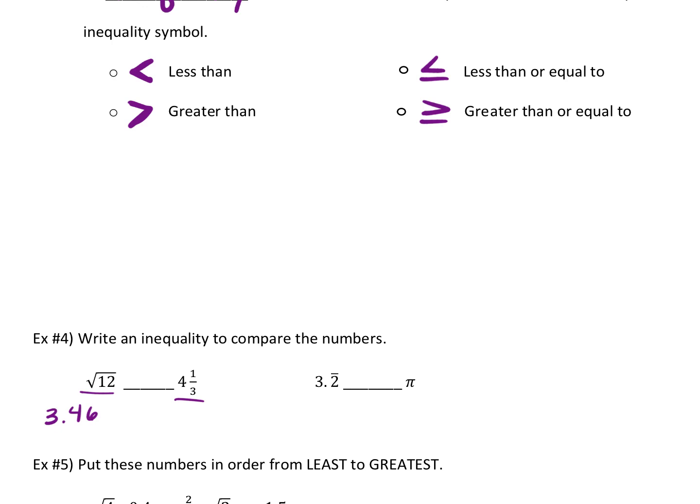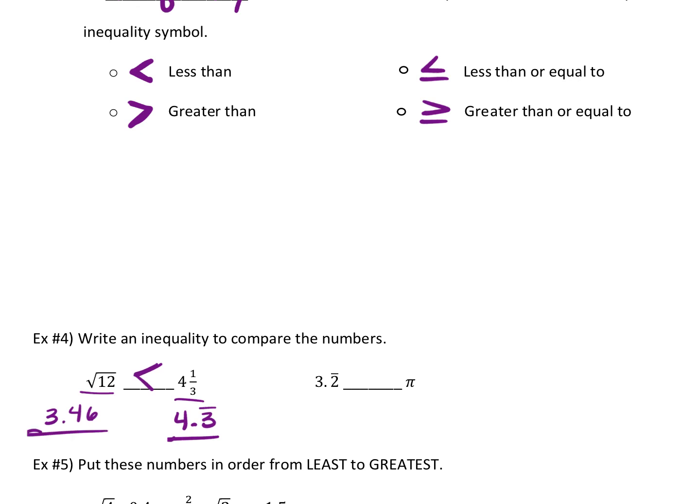What's 4 1/3 as a decimal? 4.3 repeating, right? If you don't know that, just type in 1 divided by 3, okay? Which way does your symbol open? It's going to open toward the 4 1/3. It's the less than symbol, right? 4.3 is bigger than 3.46.